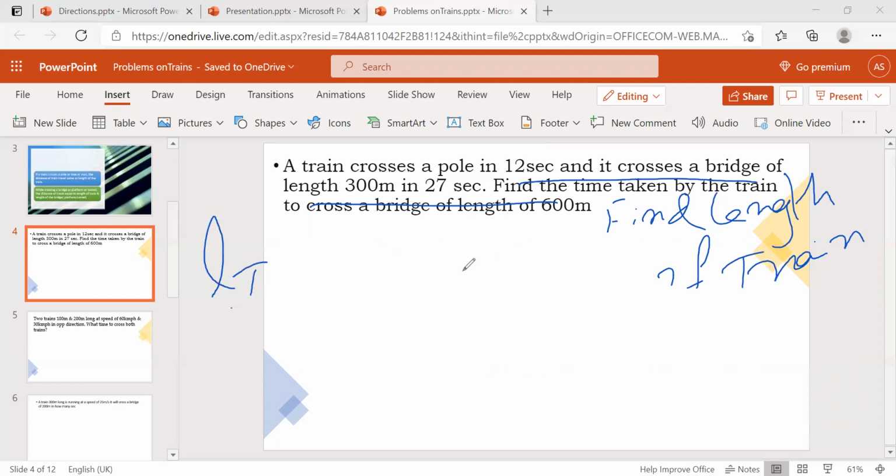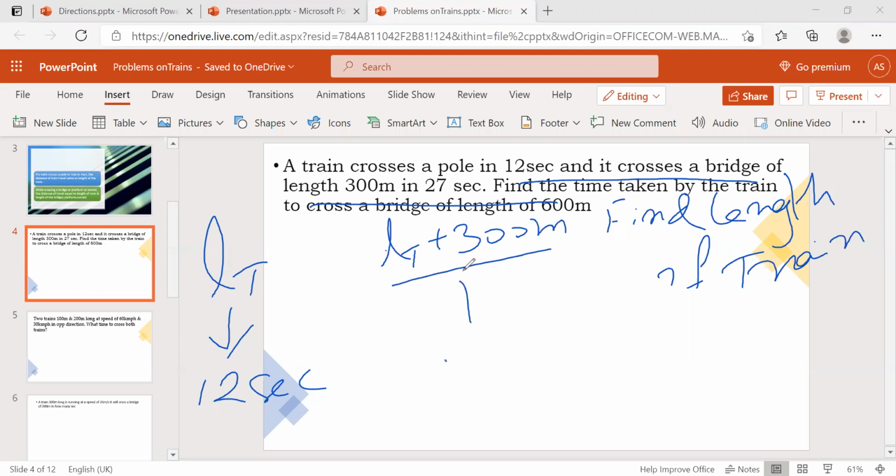The length of the train takes 12 seconds to cross. And the length of the train plus the 300 meter bridge takes 27 seconds.